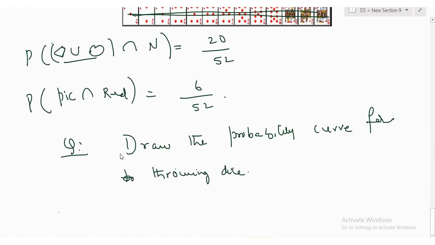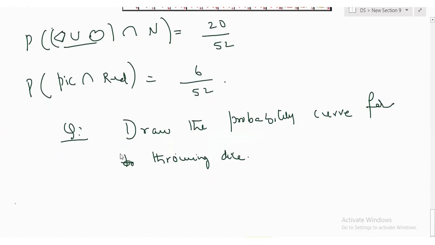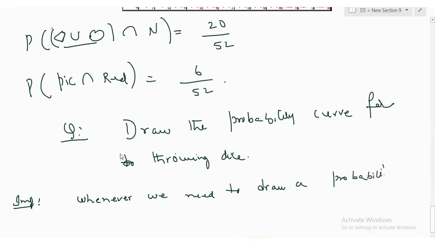Whenever you want to draw a probability curve, you need two things. Your machine learning, everything is about the probability curves only.